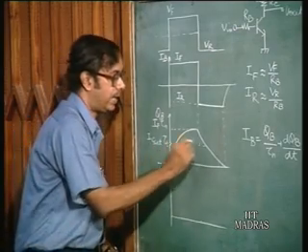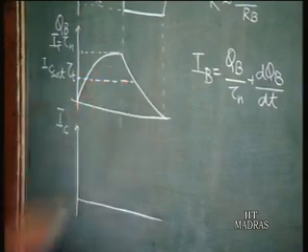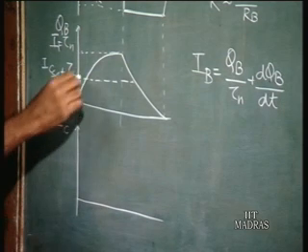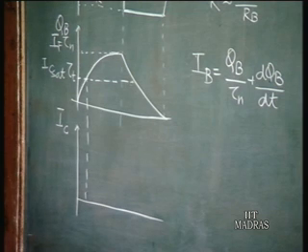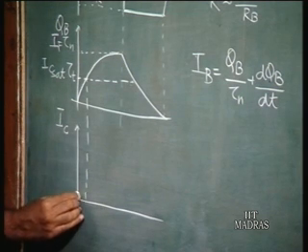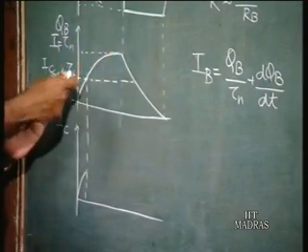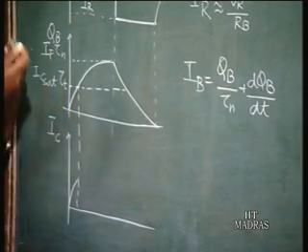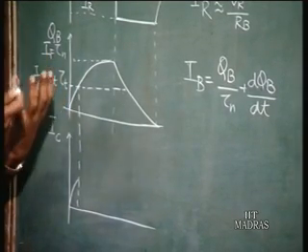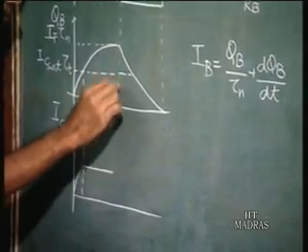So, this is the value when the transistor reaches saturation. If you drop this line here, the collector current keeps increasing, reaches saturation, and then although the base charge keeps building up, the collector current has saturated, that is governed by the circuit, it cannot build up any further. So, it becomes a constant.